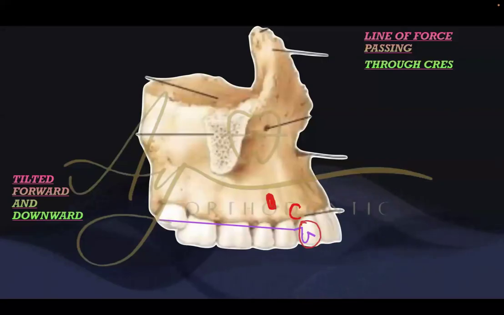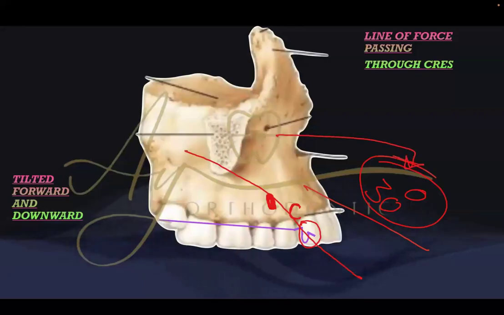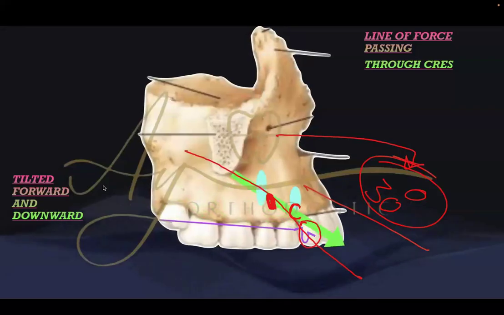Yes, the elastics will be at 30 degrees to facilitate the downward and forward movement of the maxilla. So when I put the elastics and the hooks at the center of resistance, like here, the maxilla will move downward and forward as a bodily movement, right? Yes. And this is how it works.